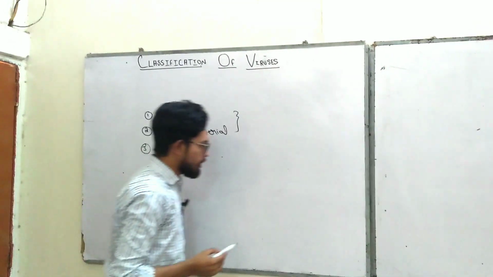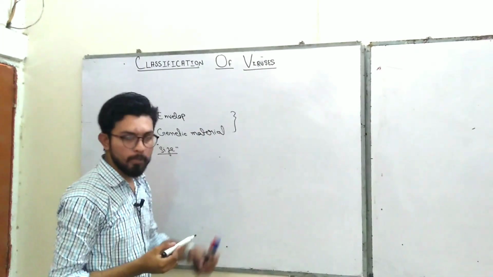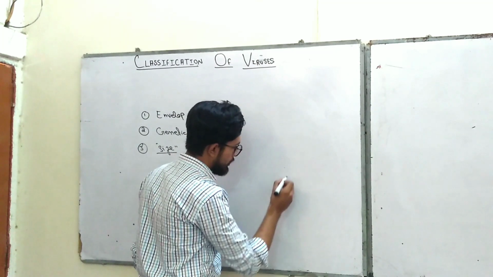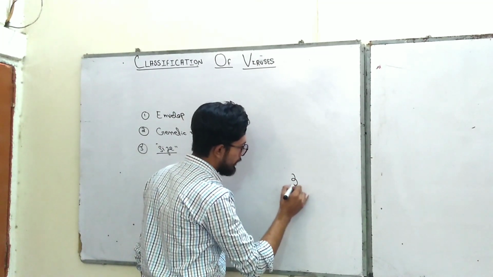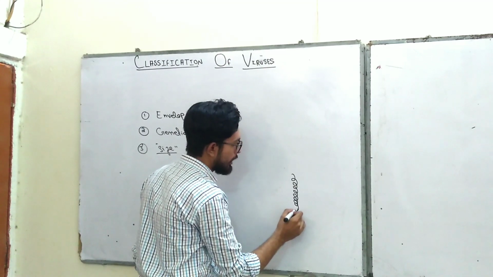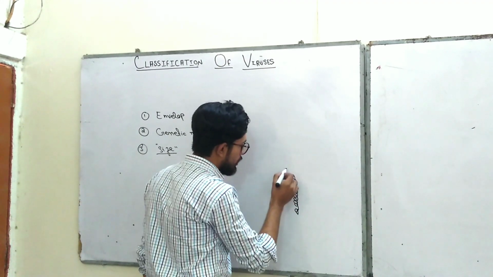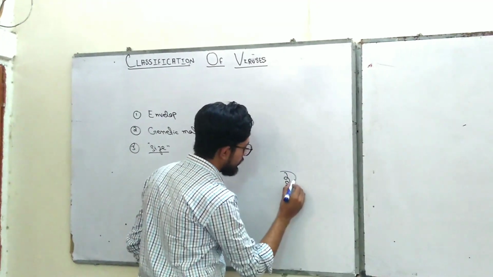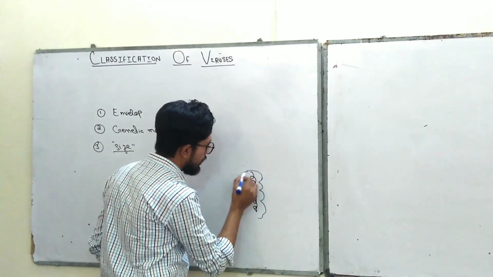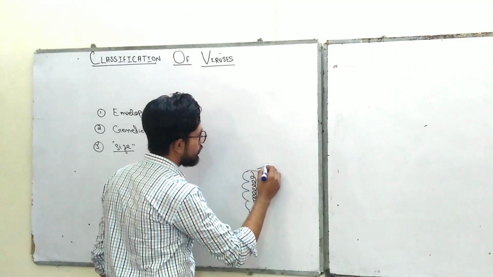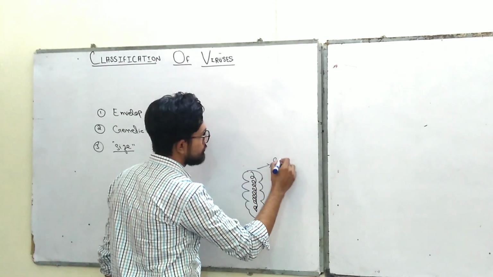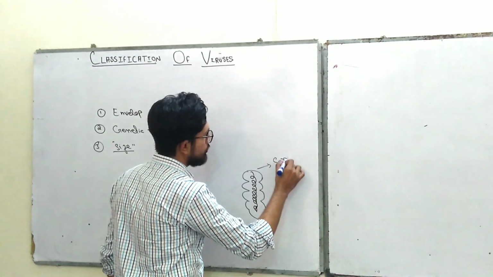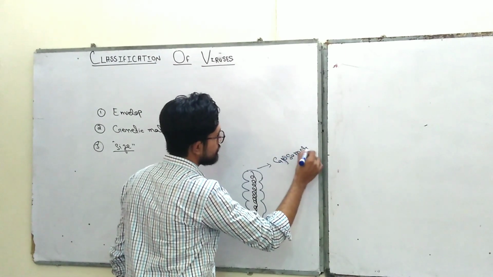So first of all I want to draw here a simple virus. A virus has genetic material, either DNA or RNA, and this RNA or DNA is covered by a special type of protein, and this protein is known as capsid protein, capsomere protein.